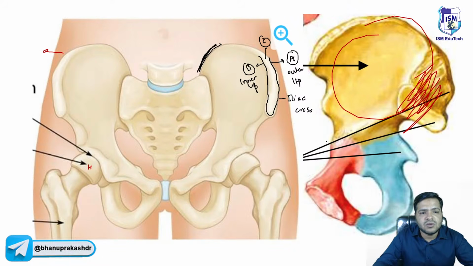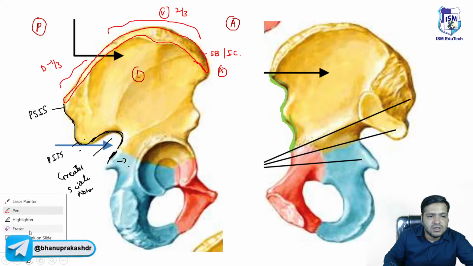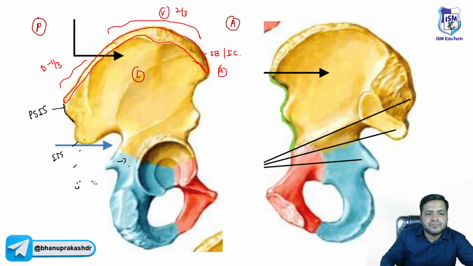If you want to see beta, you can see it over here also. You can see this line beta over here. That is the posterior gluteal line. It is beginning from the iliac crest and it is ending on the sciatic notch over here.